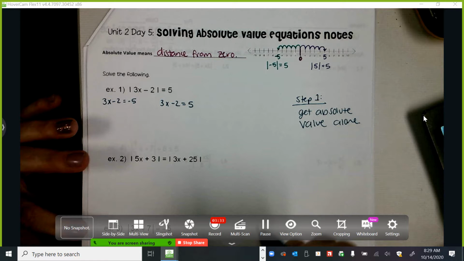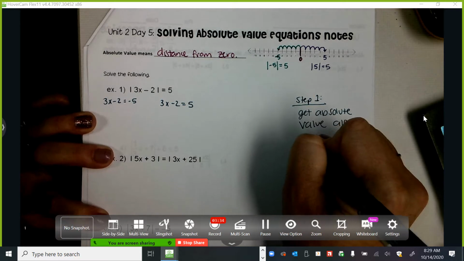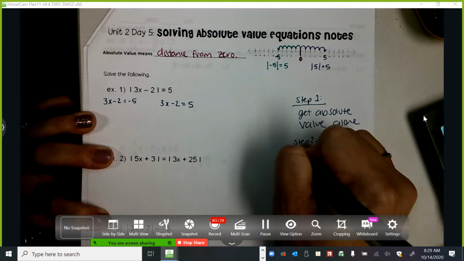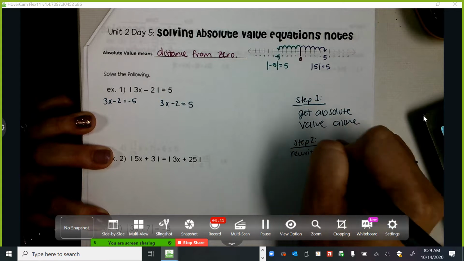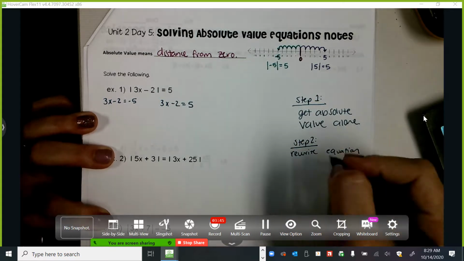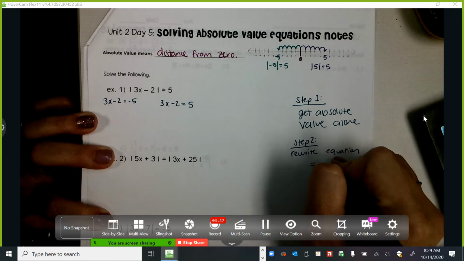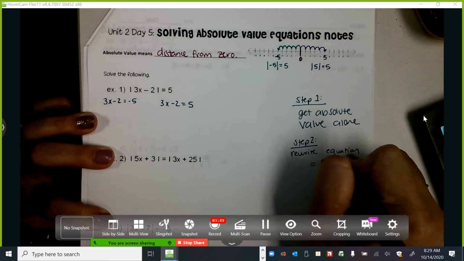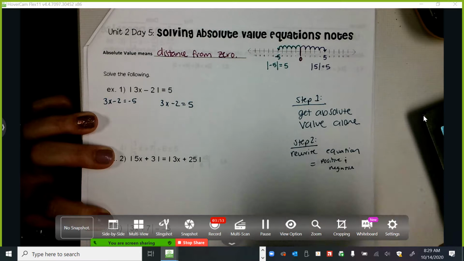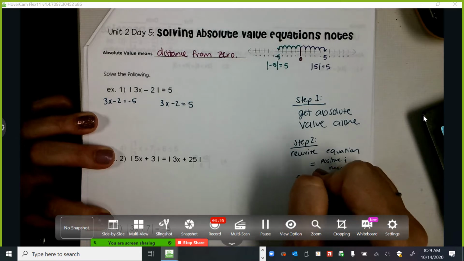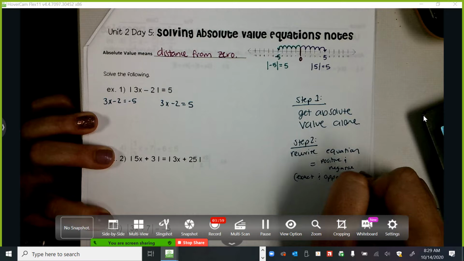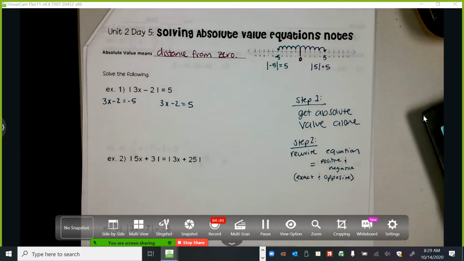So step 2 is to rewrite the equation equaling a positive and negative. I always say exact and opposite, but only after the equal sign changes.